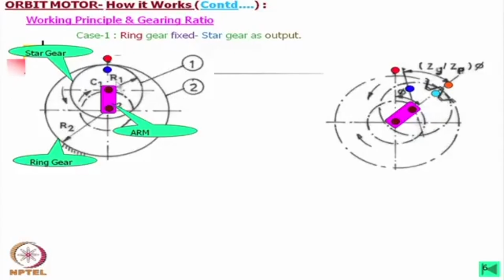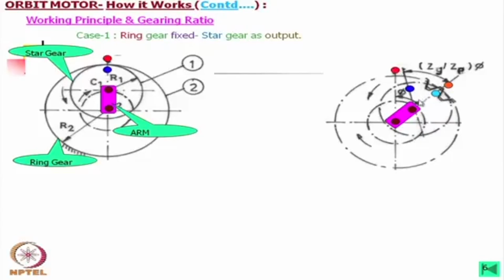So, what will happen? These two points are here, and next we bring this point back to here, keeping this arm fixed. We simply rotate this point back to here.